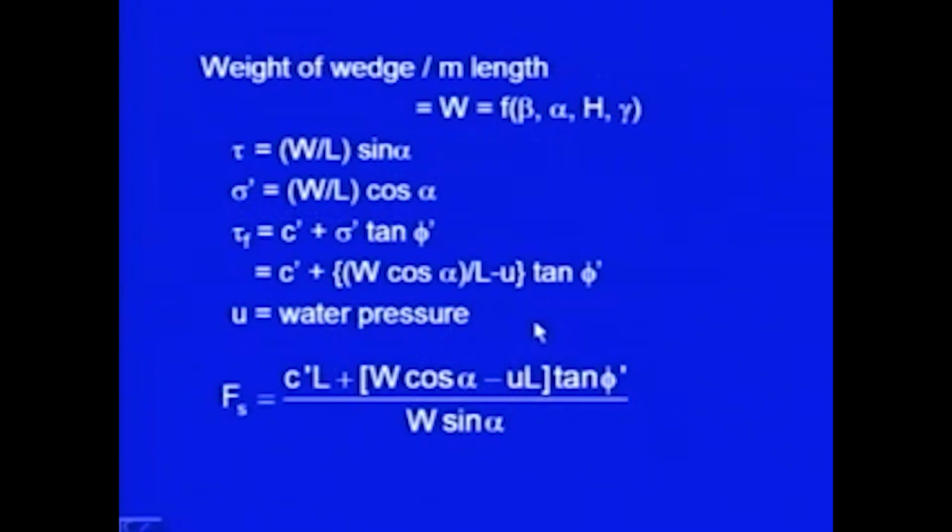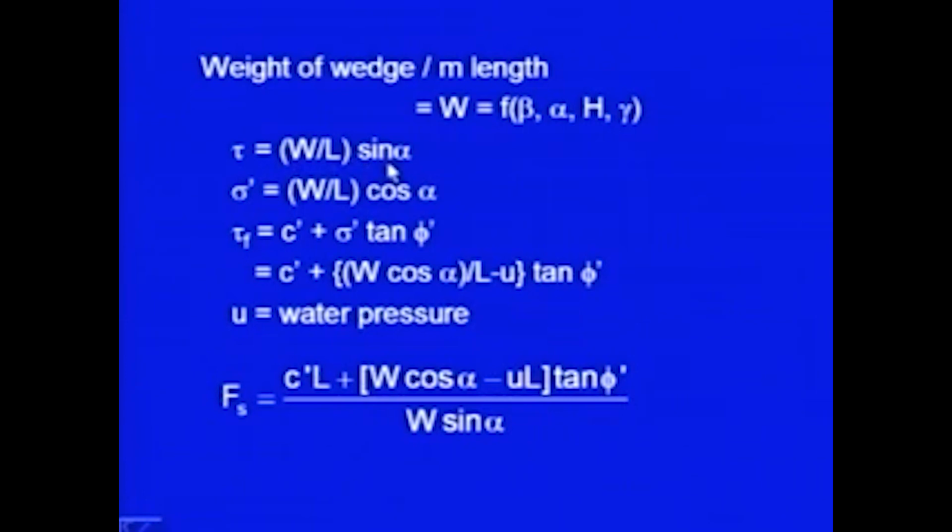So, to do the analysis, we will find the weight of the triangular wedge, and perpendicular to the plane of paper we are again taking 1 meter length. The weight you can find as a function of slope angle beta, dip angle alpha, height of the slope, and the unit weight of the material.